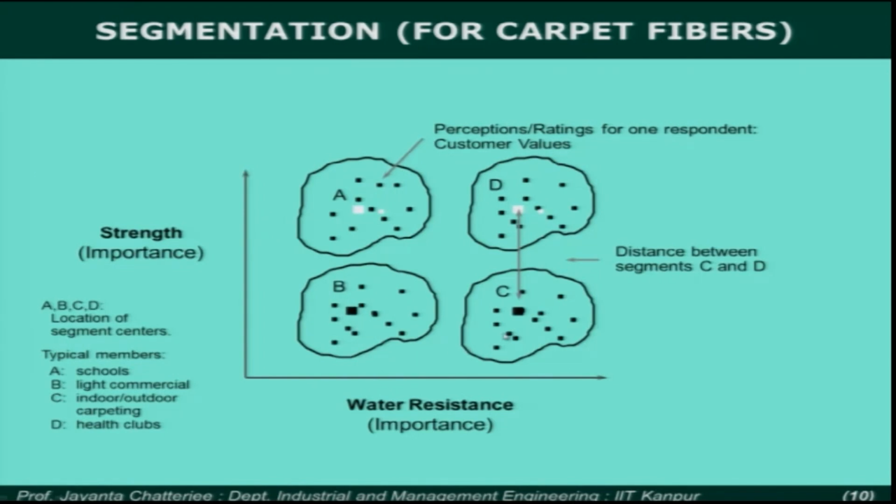So, basically this segmentation, as you can see, also tells us about the other competition who have similar kinds of properties and therefore similar positioning, and depending on your water resistance and strength you can position your product within that particular cluster.